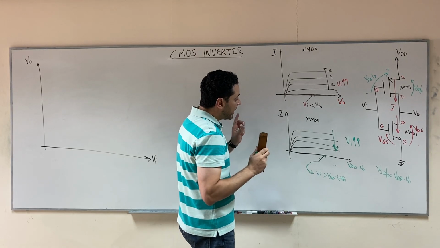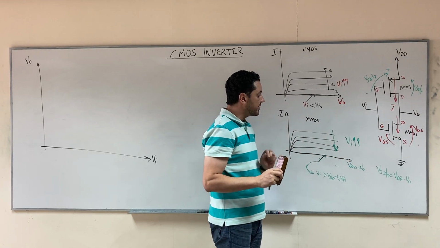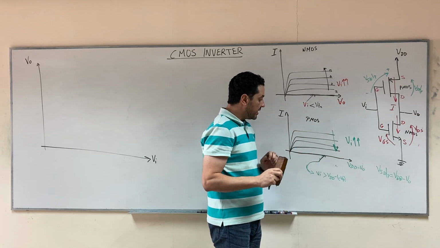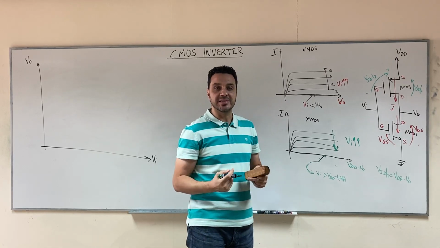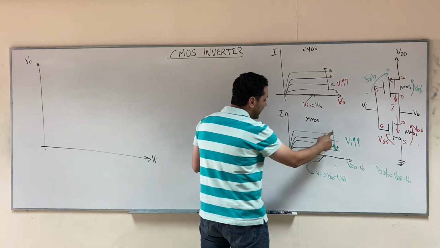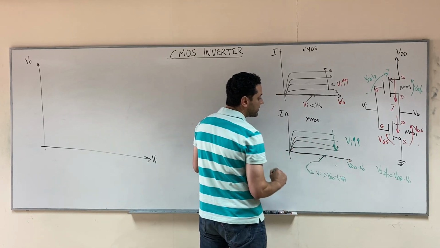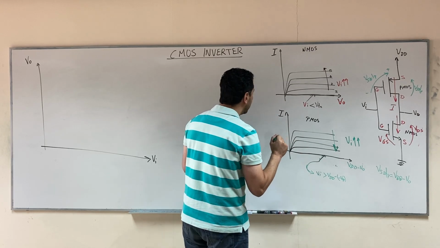Now, the remaining thing is that the horizontal axis here is V out, while the horizontal axis here is VDD minus V out. So I'm going to ask you a question, and maybe those who studied signals and systems will be able to answer it quickly. If I have a curve plotted with VDD minus V out, and I want to plot it with V out, what should I do?